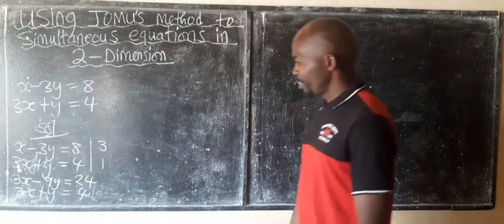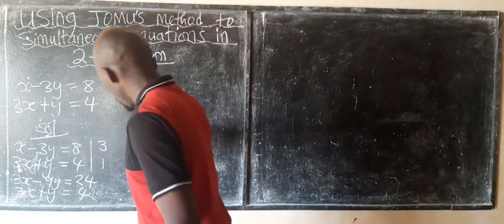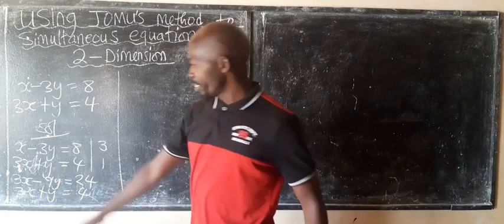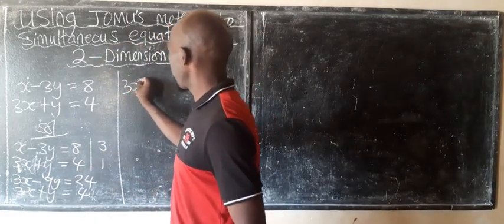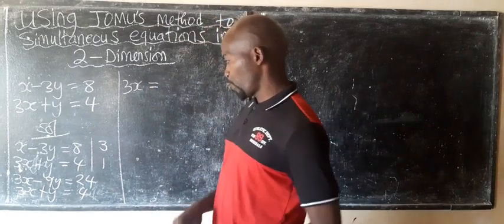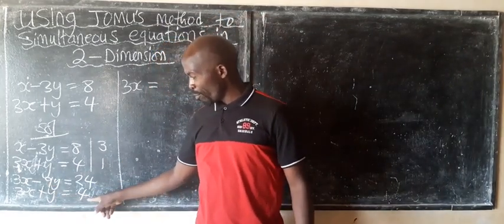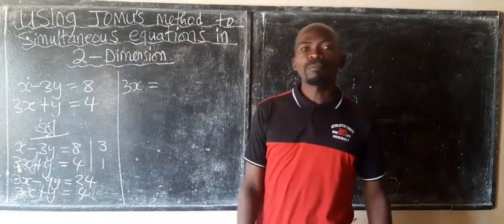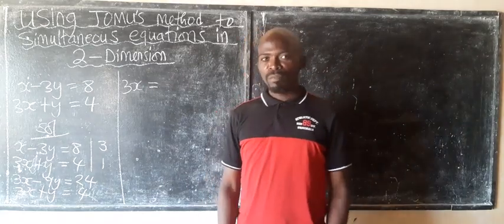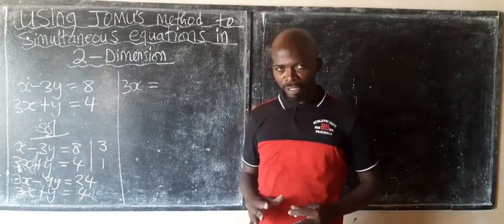Now that this is done, I am going to take one of these coefficients. In this case, I have 3x equal to, I'll multiply negative 9y by 4, minus y times 24, as if it is a determinant I am calculating.